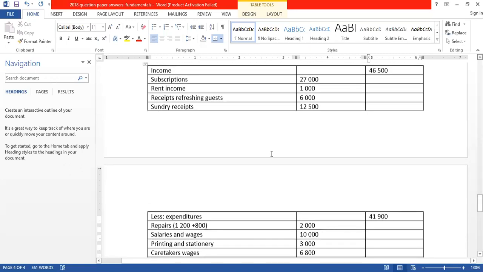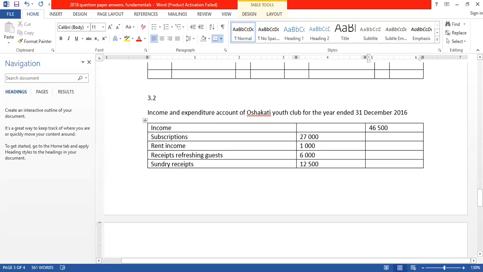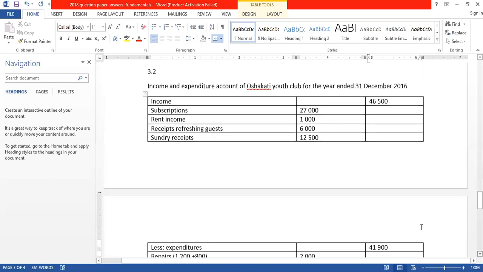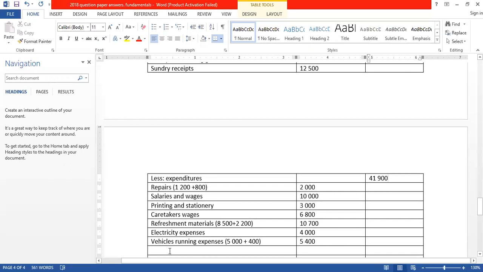So your incomes minus your expenditures will give you either your surplus or your deficit.